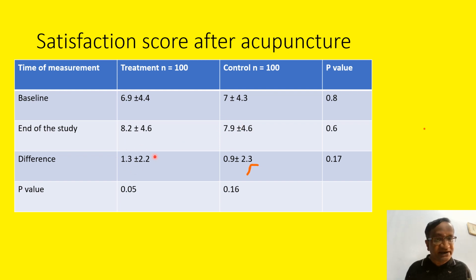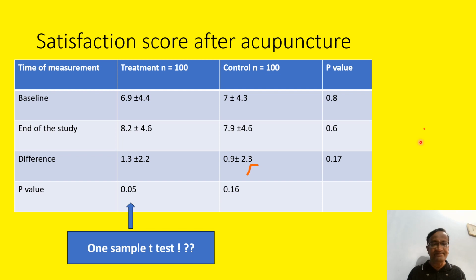The difference is 1.3 plus 2.2. So in the treatment group the p-value is better, but here the p-value is not good. So we think the treatment group is better after acupuncture. But it's not true. Why?